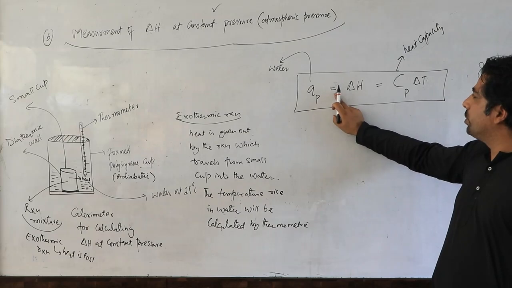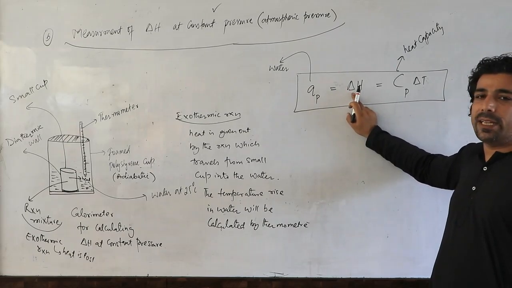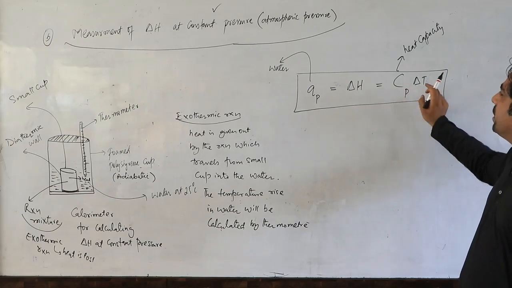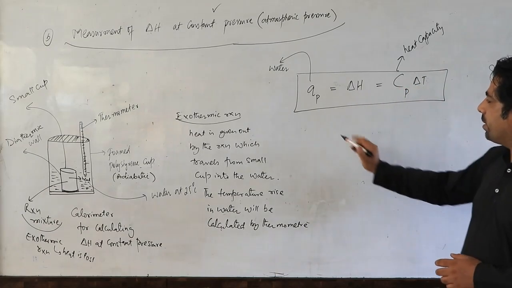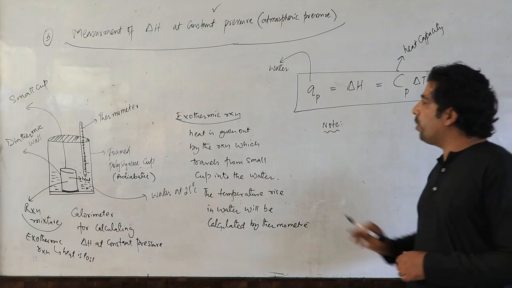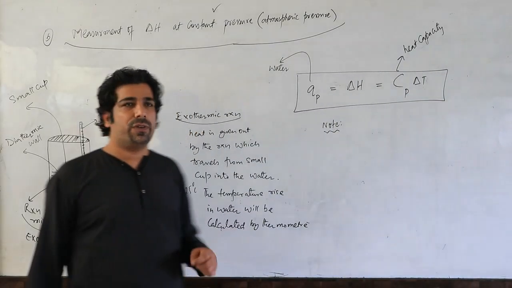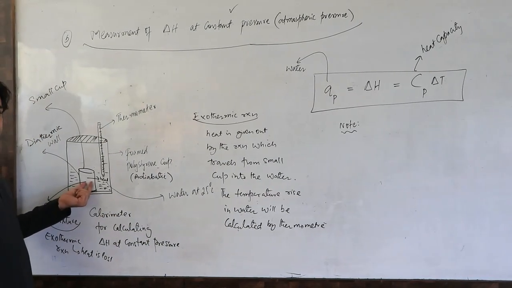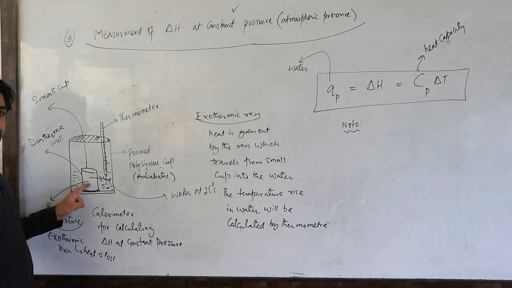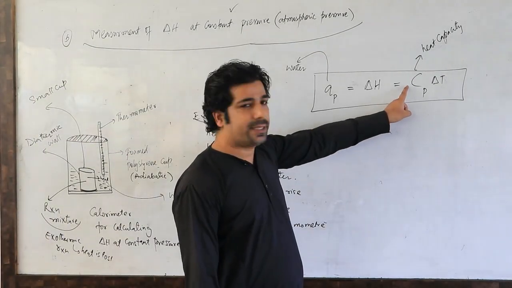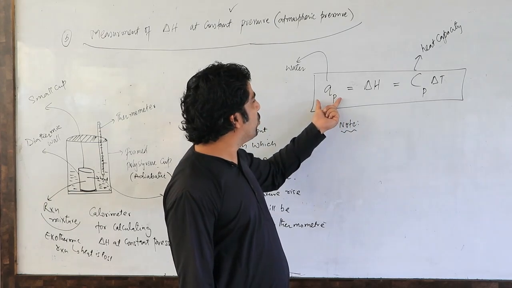That will be equal to the change in enthalpy, and that's equal to Cp delta T, my dear friends. And remember one important thing here, that if you talk about QP in terms of the system where the reaction takes place, then obviously this term will become minus. So this is with respect to water.